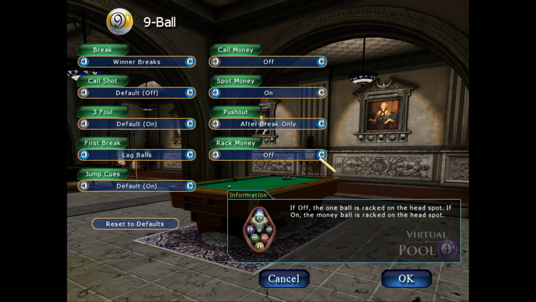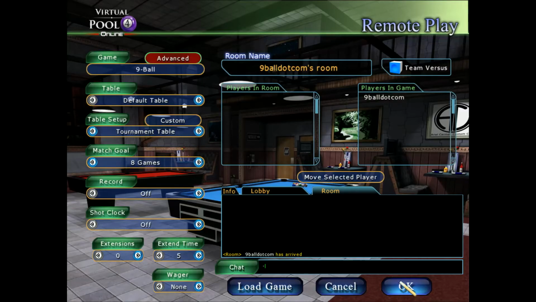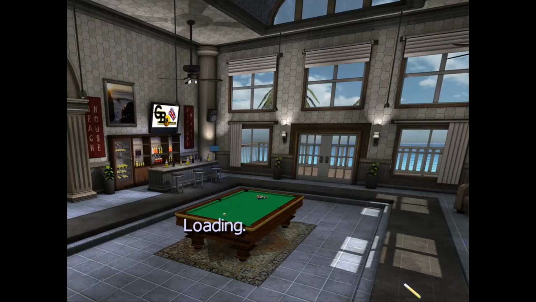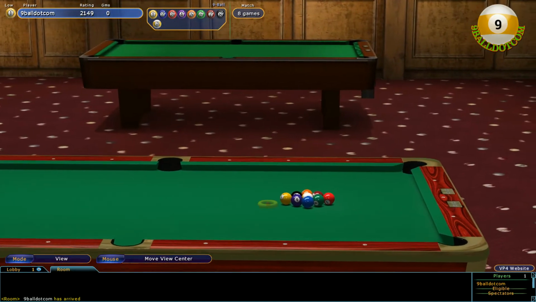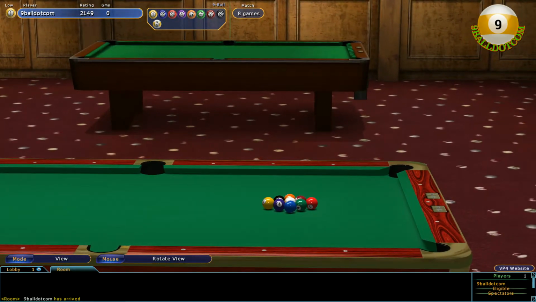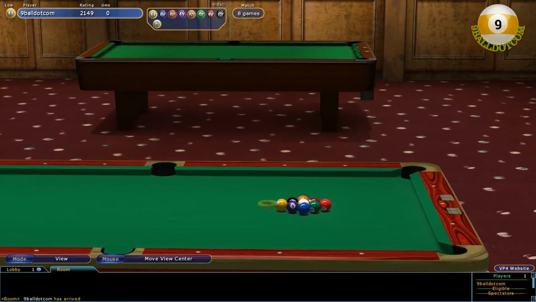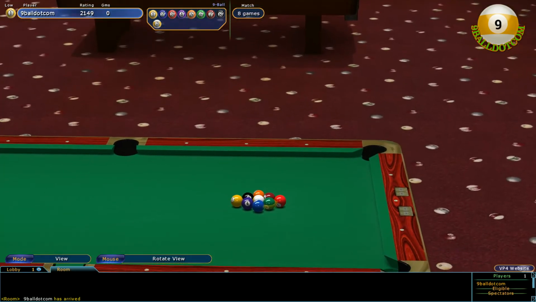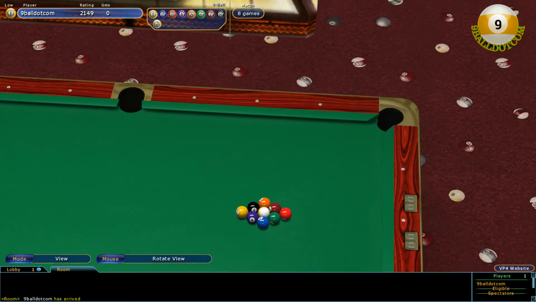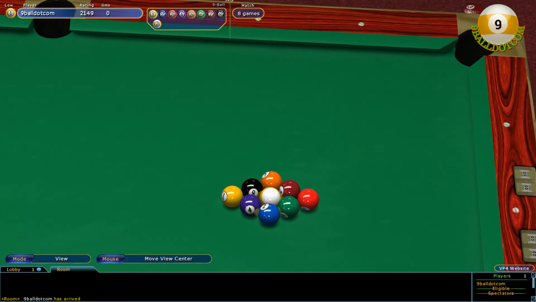Now the other one is rack money. At the moment rack money's off, so if I go to the table and look at the diamond of balls, the 1 ball is on the spot, and then of course the rest of the balls are in behind, and the 9 ball, the important one, is in the middle of the diamond.